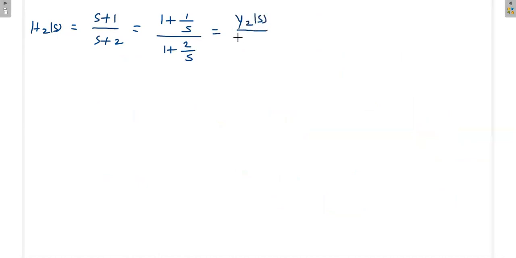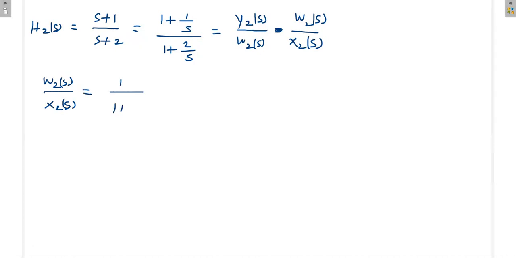H2 of s is equal to (s plus 1) divided by (s plus 2). This we can write like (1 plus 1 by s) divided by (1 plus 2 by s), again Y2(s) divided by W2(s), and W2(s) divided by X2(s). Now from this, W2(s) divided by X2(s) is the same as 1 by (1 plus 2 by s).